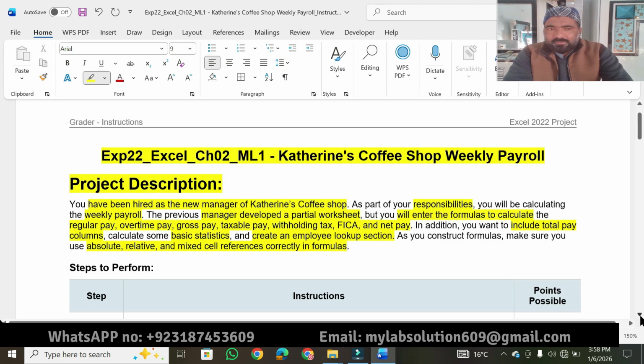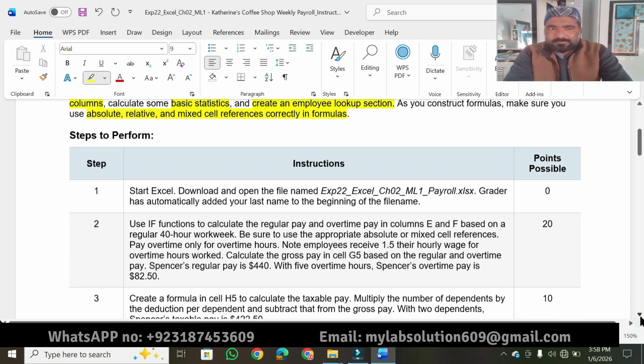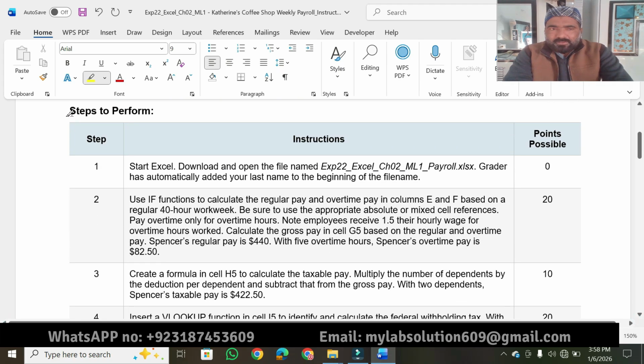Now we are moving to the graded part. So steps to perform, instructions. Start Excel, then download and open the file, this one that we have already downloaded from Pearson.